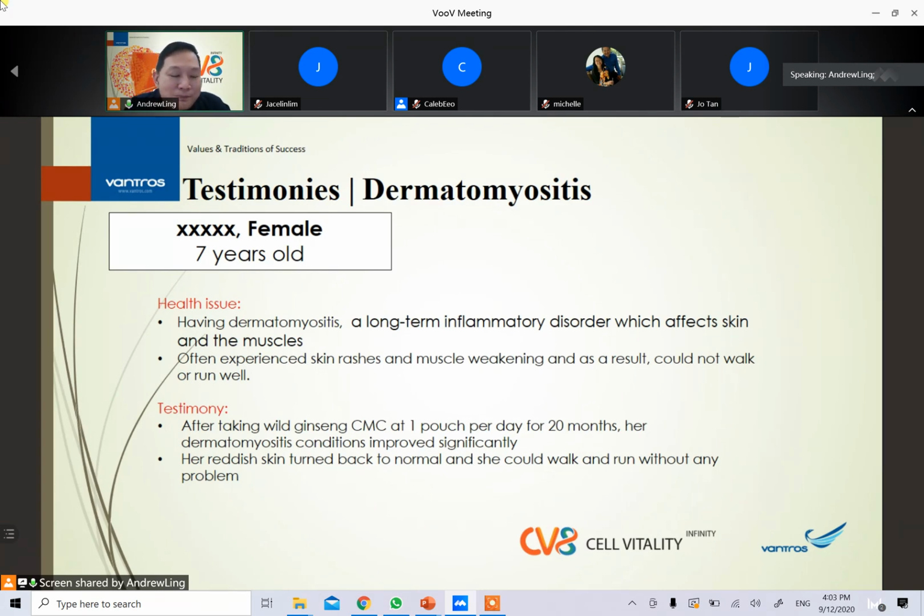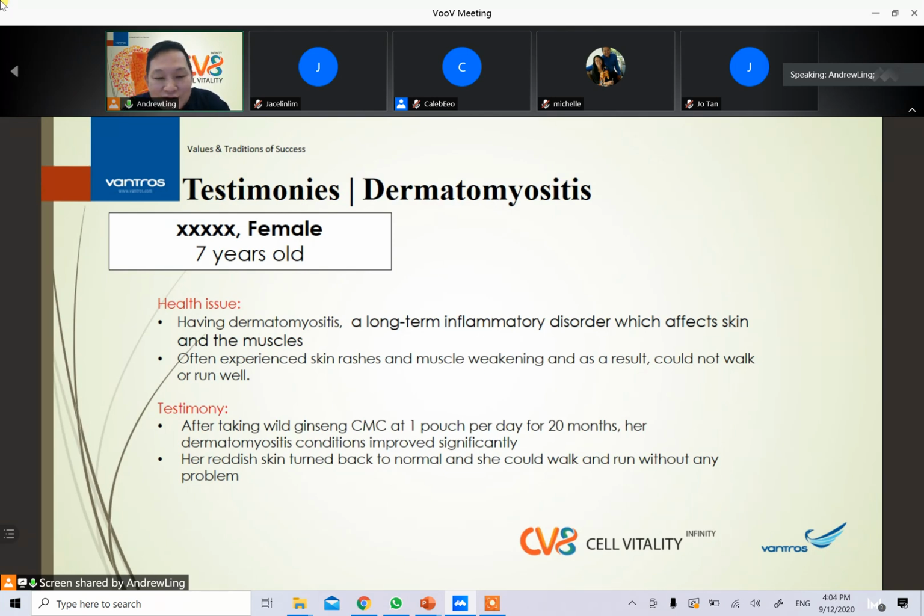This child always experienced skin rashes because of the long-term inflammatory disorder. As a result, she also could not walk properly, because it was serious enough to affect the muscles. She couldn't walk well or run well.